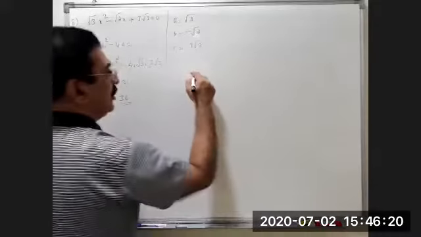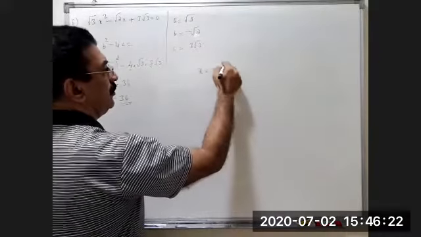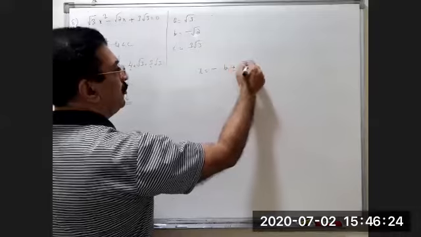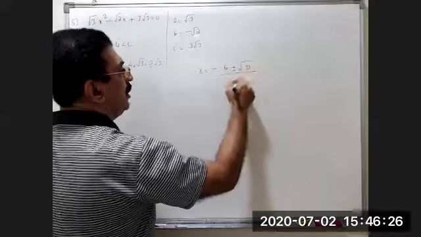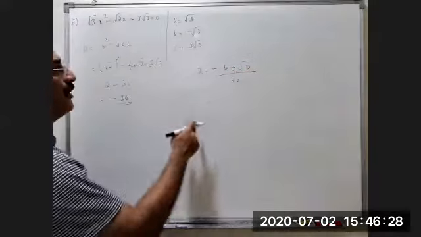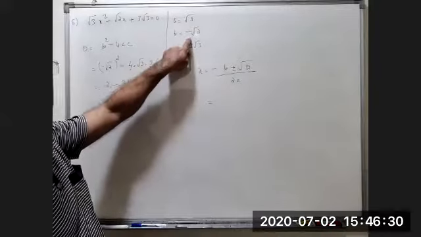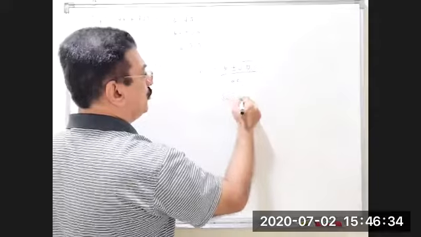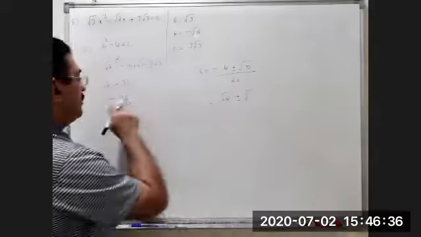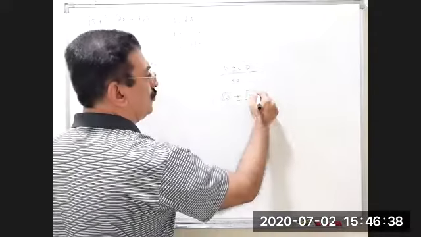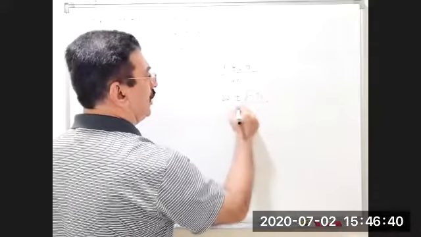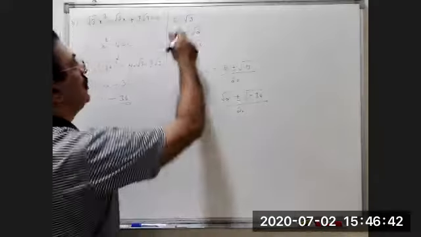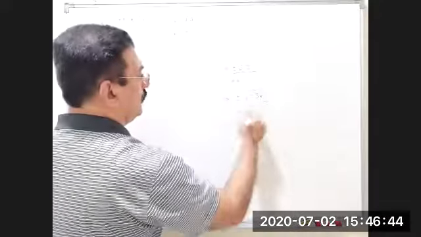Now the solution. The formula is x is equal to minus b plus or minus root of D by 2a. It becomes minus b, b is minus root 2, so minus b is root 2, plus or minus root of minus 34, by 2 into a, which is root 3.